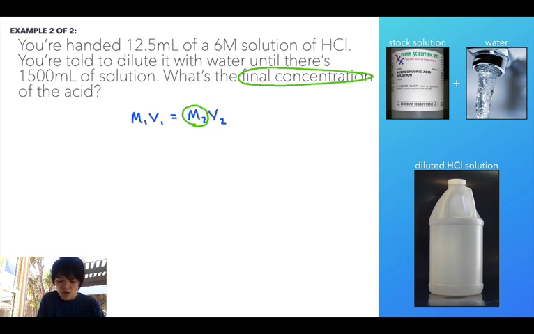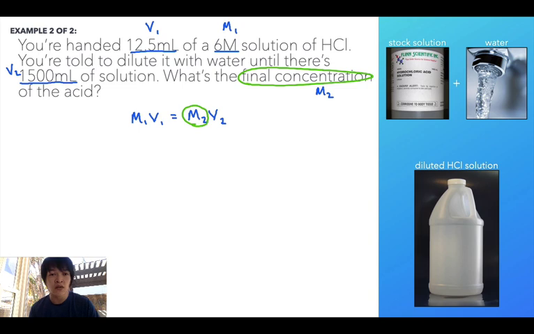So you're handed 12.5 milliliters of a 6 molar solution of HCl. So that's super concentrated. That's our first concentration. And that's our first volume, before the dilution happens. And we're told to dilute it until there's 1,500 milliliters of it. So that's our second volume. And the final concentration, we already know that's M2.